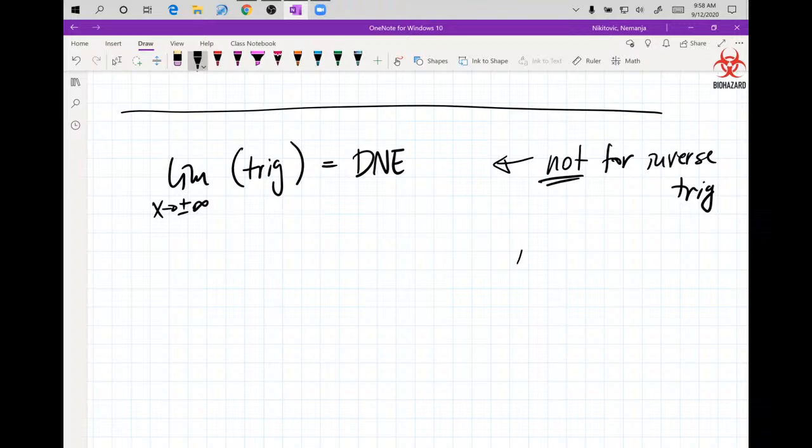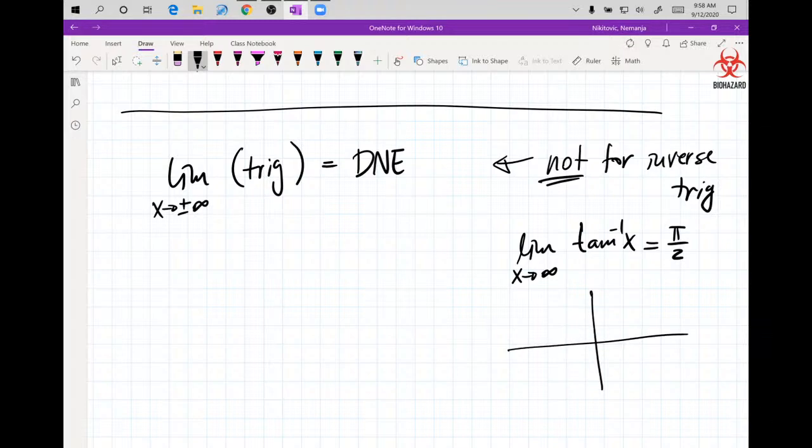So if you say the limit as x goes to infinity of tangent inverse of x is equal to pi over 2. If you learn this graph, it will be useful a lot in Calc 2 and differential equations. We might see it once or twice in Calc 1, but you will see it much more often in those courses.